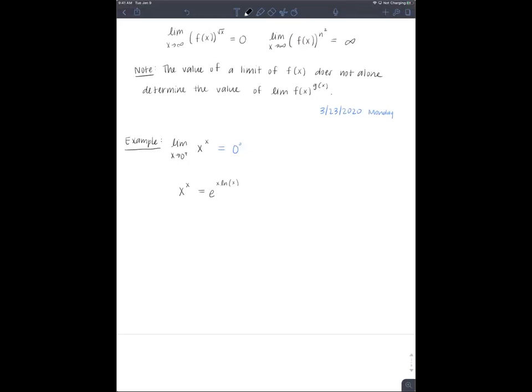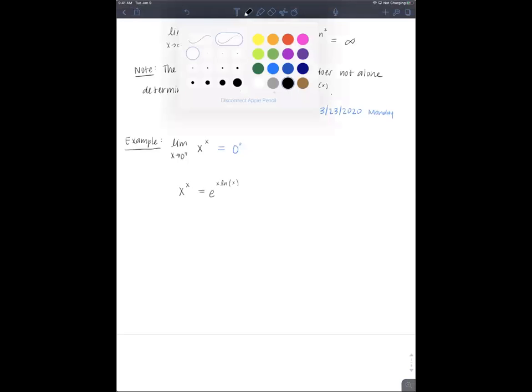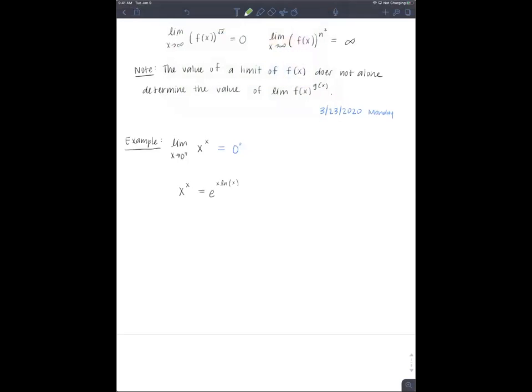What you can think of is this; I'm going to do some scratch work off on the side real quick. Let y equal x to the power of x. Then you can take the logarithm of both sides. You can use the power rule for logarithms, essentially. You bring that x down, but then you don't care about ln of y, you care about y.